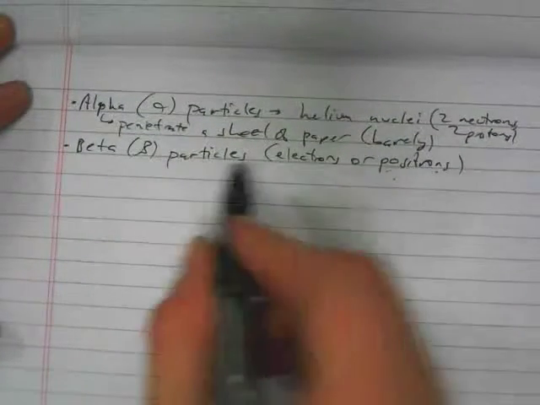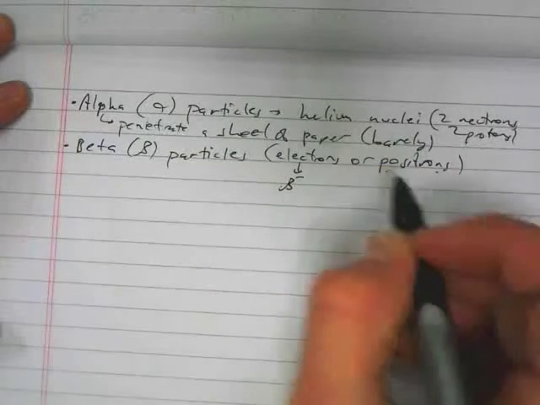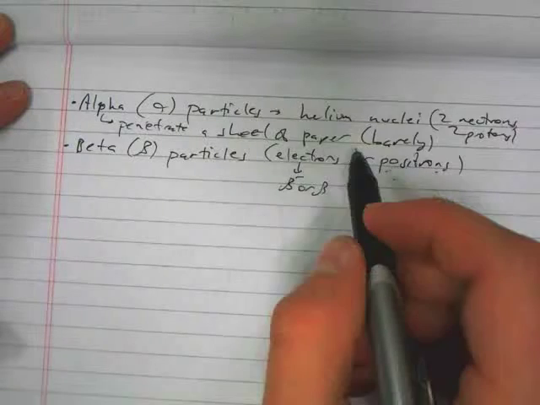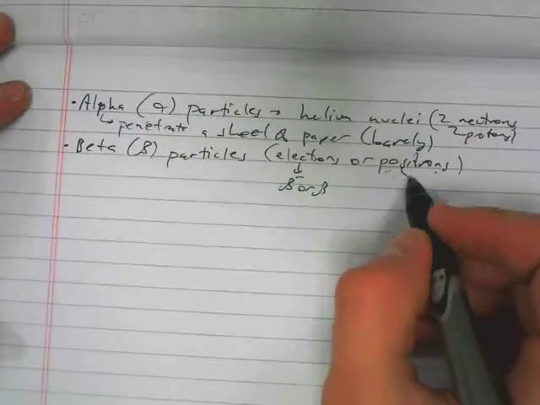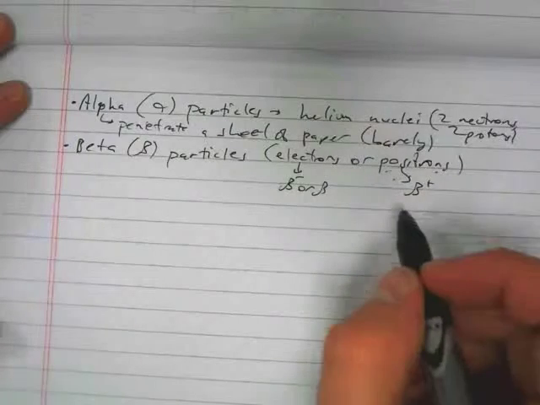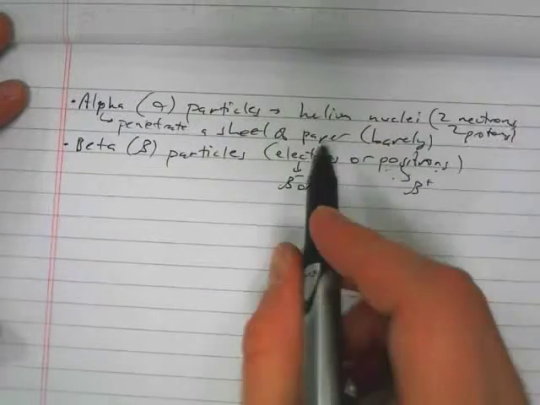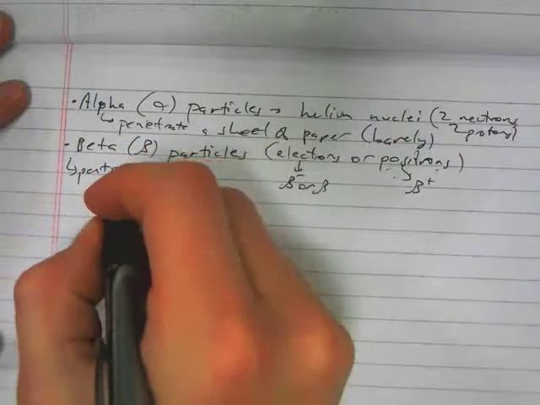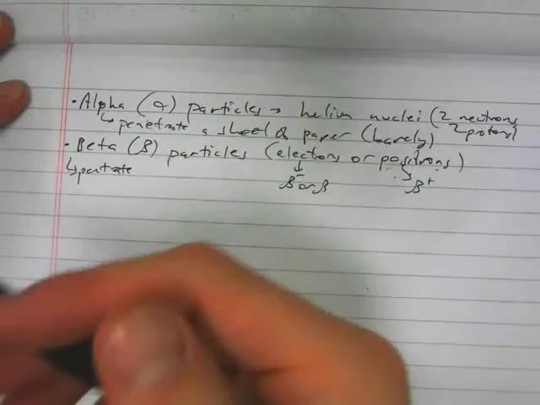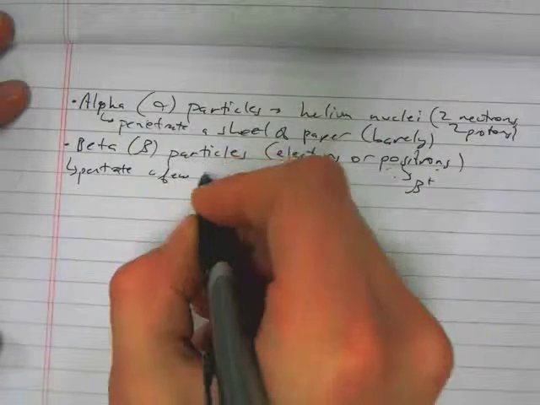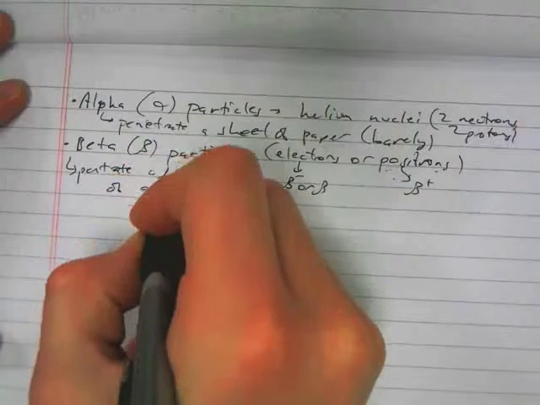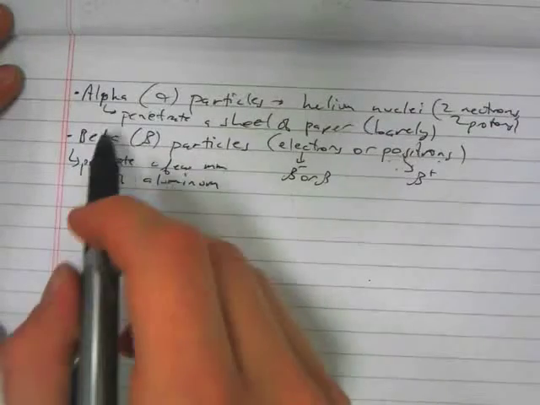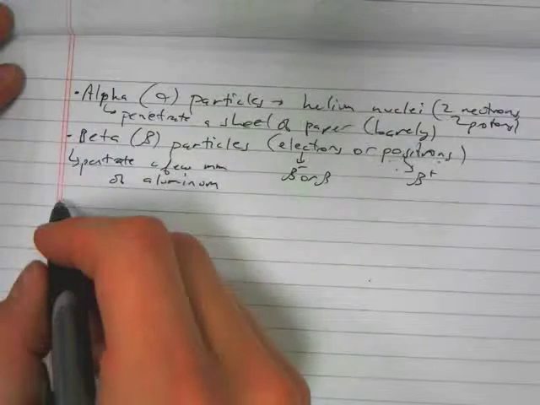So electrons, we say, is beta minus or just beta, because electrons are more common. It's more common that a beta particle will be an electron. And positrons are beta plus. And beta particles will penetrate a few millimeters of aluminum. So they are more penetrating than alpha particles, thus more dangerous, but still not too bad.